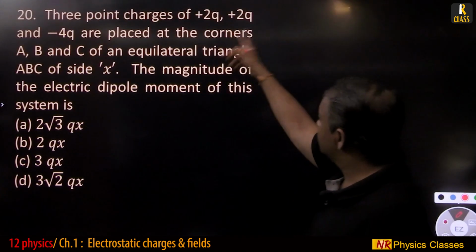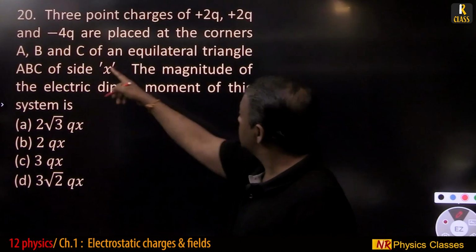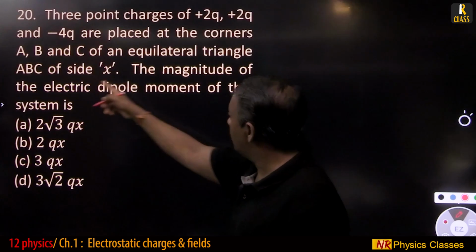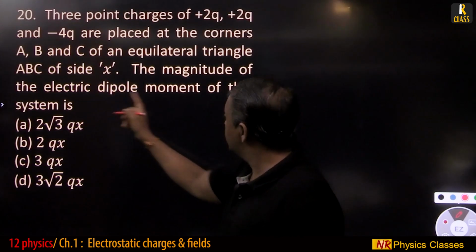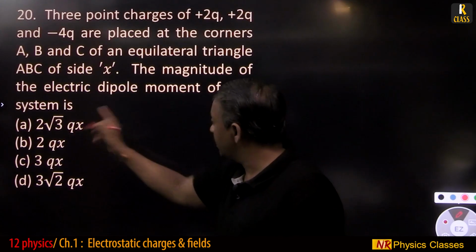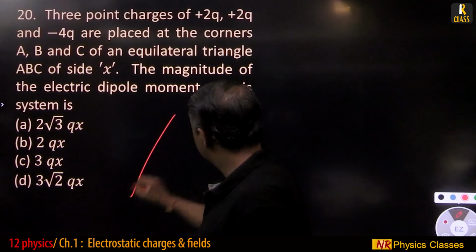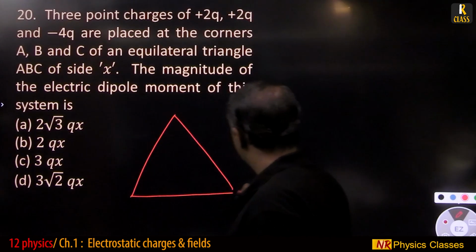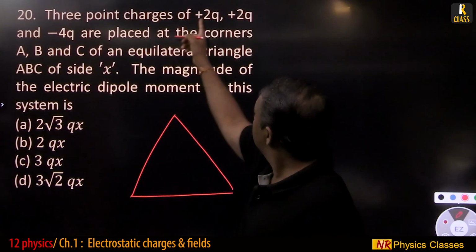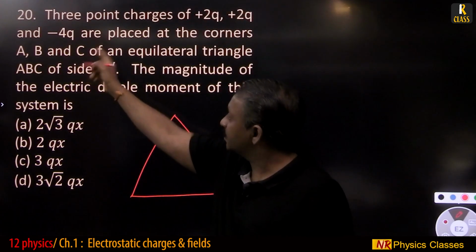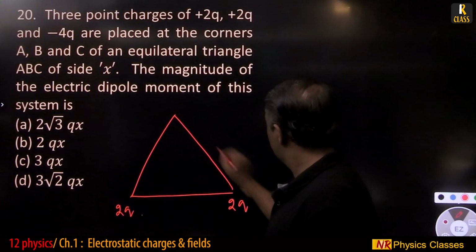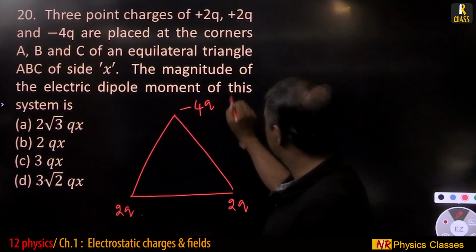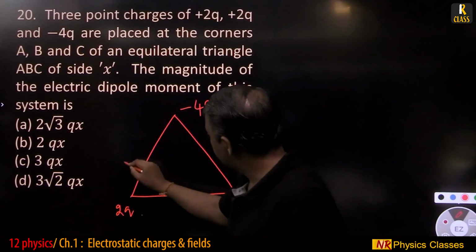Three point charges are placed at the corners of an equilateral triangle of side x. The magnitude of the electric dipole moment of this system is, this is an equilateral triangle: 2q, 2q, minus 4q. Length of each side is x.